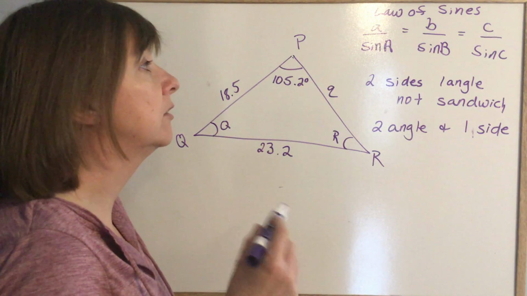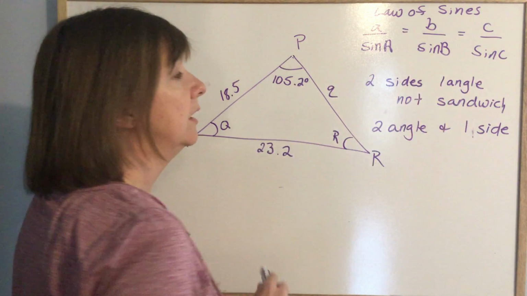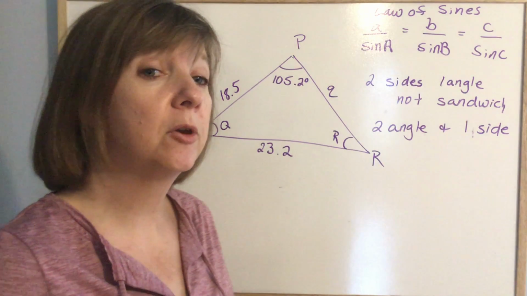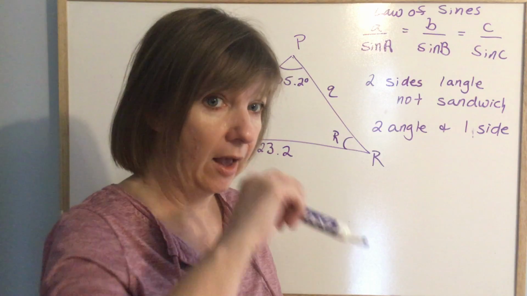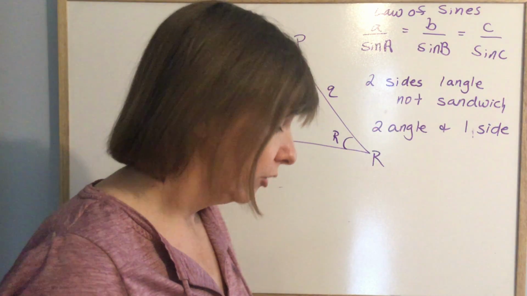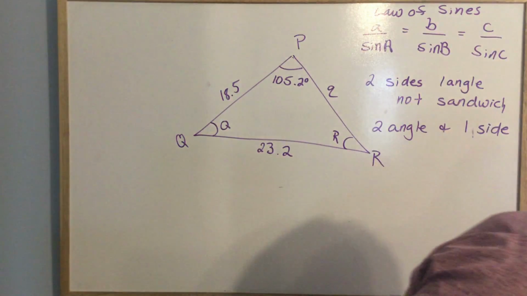You're never going to use all three of these pieces at the same time. You're going to use two of the pieces at the same time, and then you're going to cross multiply to solve.